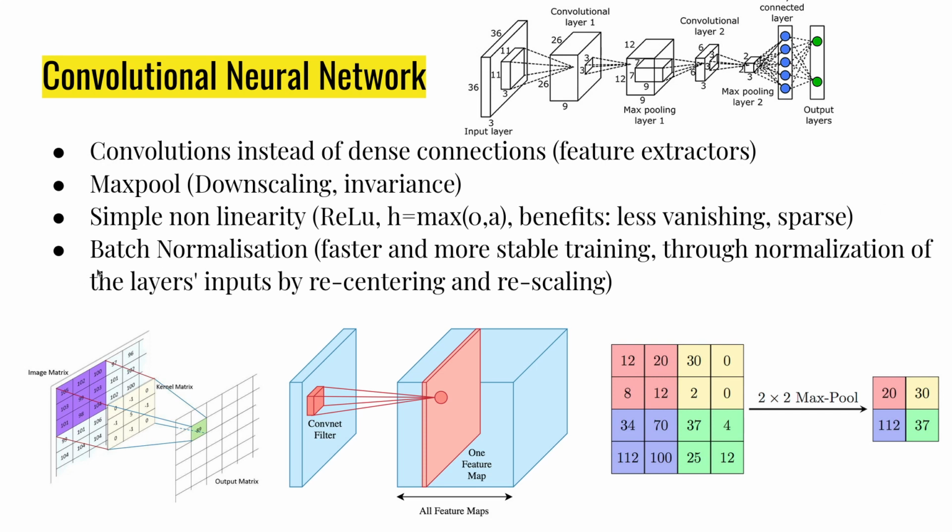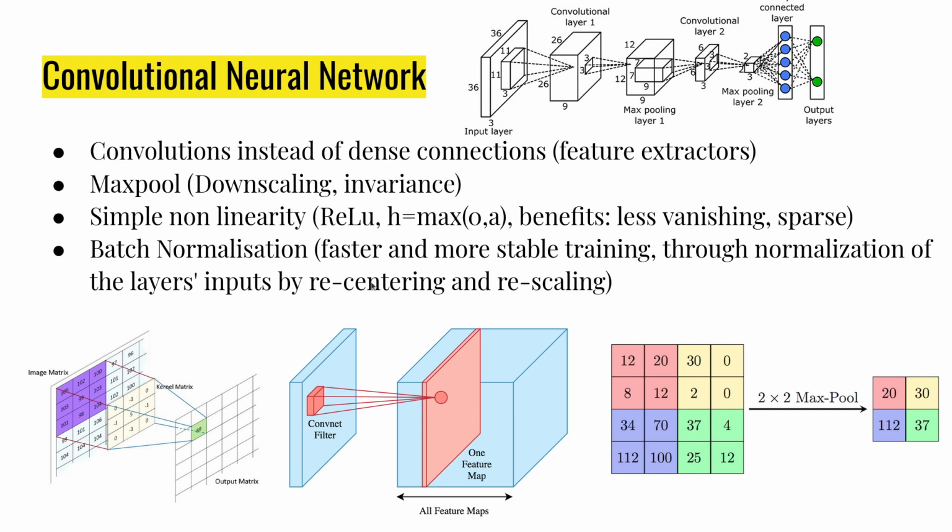So next is batch normalization, yet another feature. This helps in faster and more stable training through normalization of the layer's inputs by recentering and rescaling. So basically, we can simply say mean, standard deviation, bringing into a common scale.